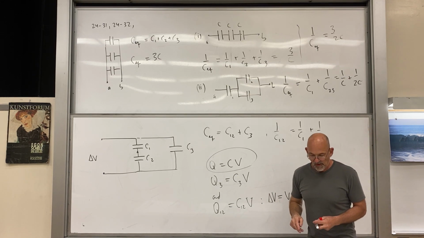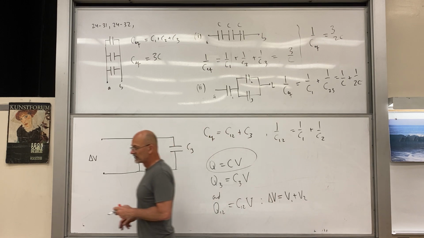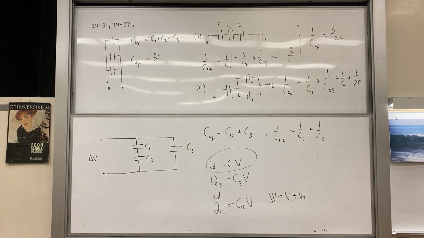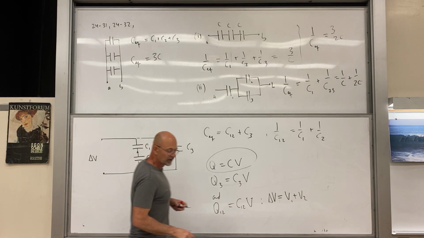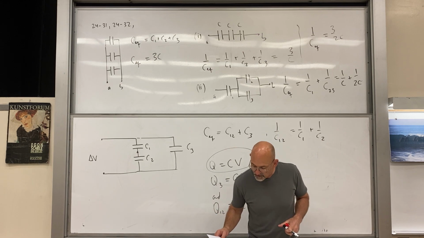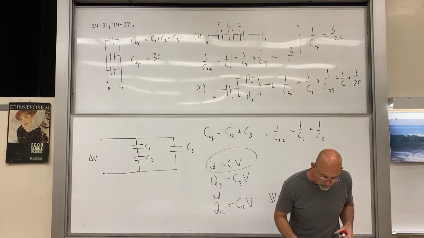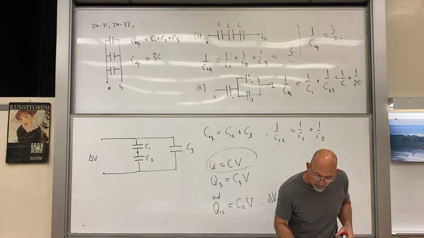Good. Okay, let's see how time's going right now. Okay, let's do a couple of circuits. People had questions on the currents as well, and then we'll wrap it up.